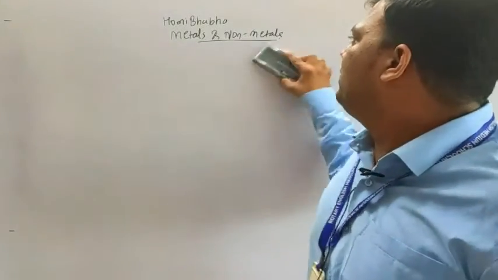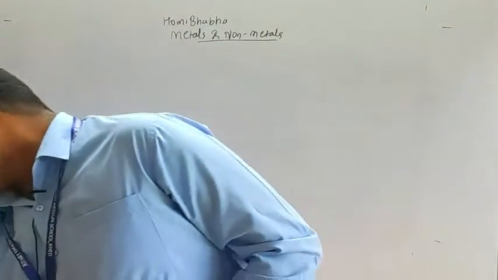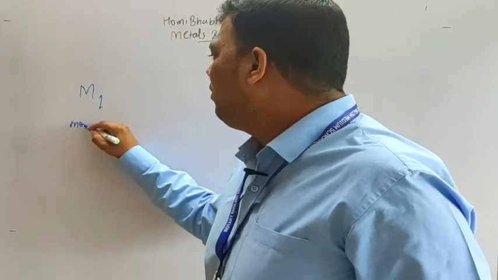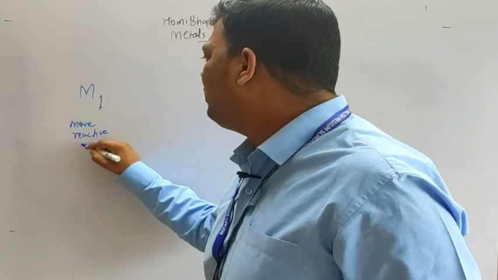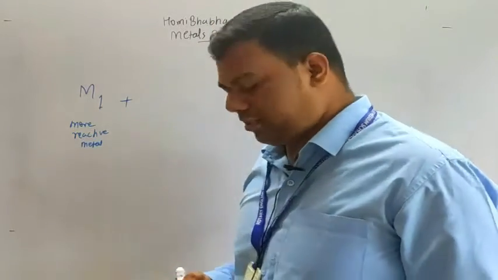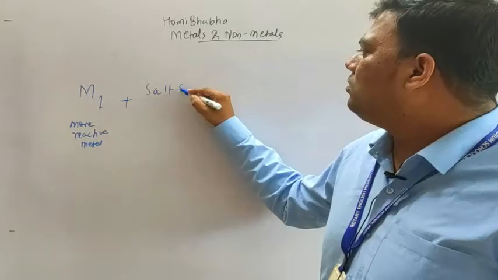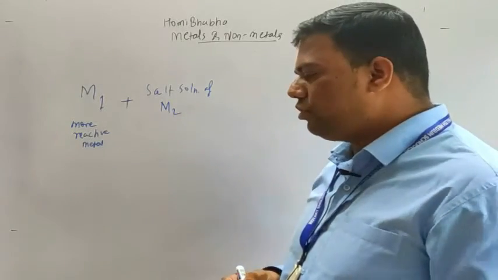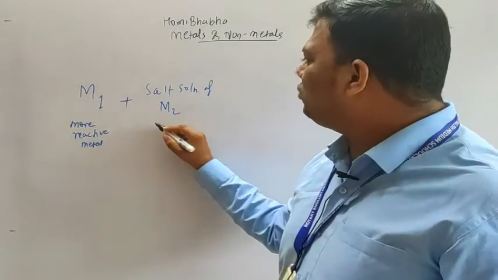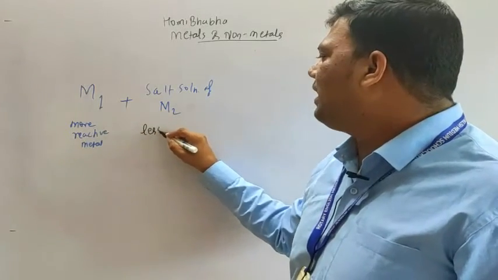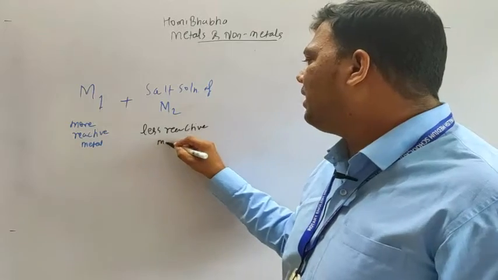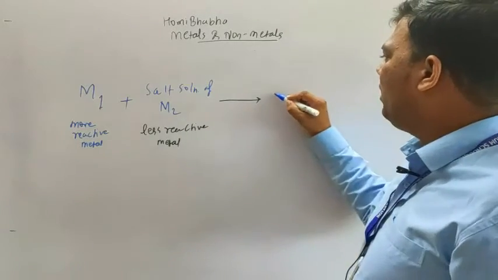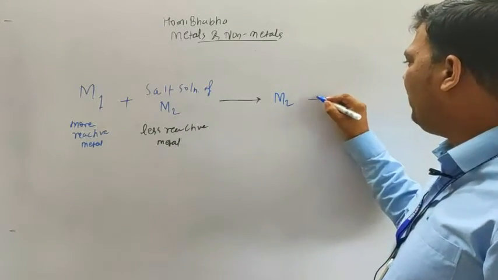How is that general reaction? See, M1 is the more reactive metal, plus salt solution of M2, which is the less reactive metal. What will you get?